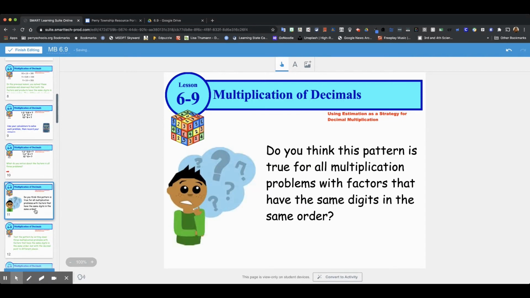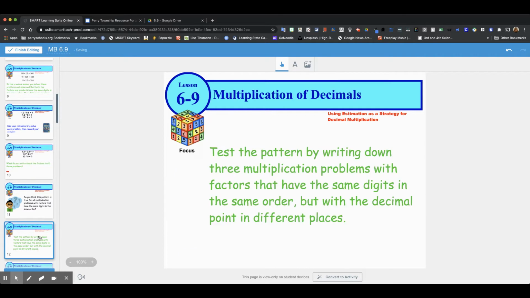Do you think that this pattern is true for all multiplication problems with factors that have the same digits in the same order? We just saw what happened a second time. I want you to test the pattern by writing down 3 multiplication problems on your own with factors that have the same digits in the same order, but throw in a decimal point in different places.